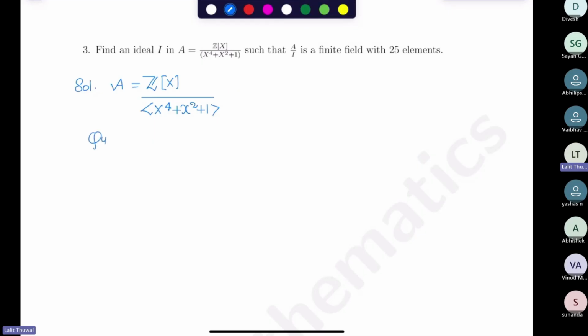Question. Reducible or not? Do it now and let me know. Just raise your hand, okay, if you are able to figure it out.